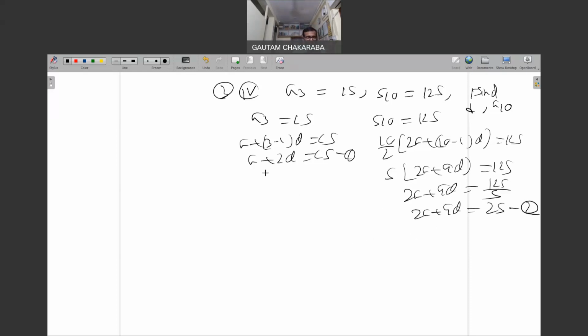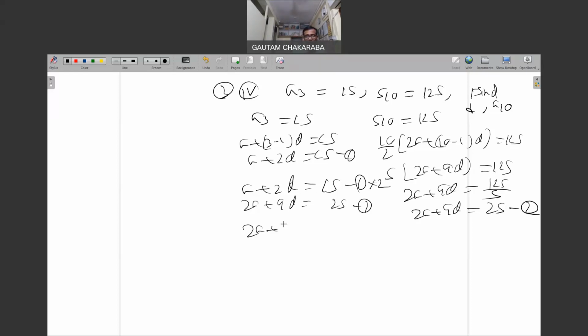Now solving these two equations, apply the coefficient method. This is equation 1, this is equation 2. Here the coefficient of A is 1 and there it is 2. You need the coefficient of A to be the same in both, so you multiply equation 1 by 2.